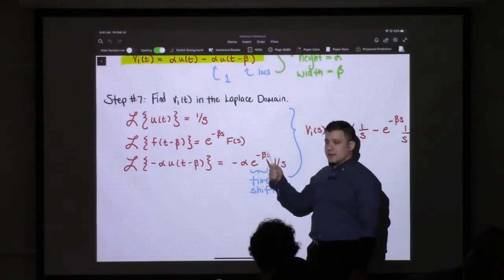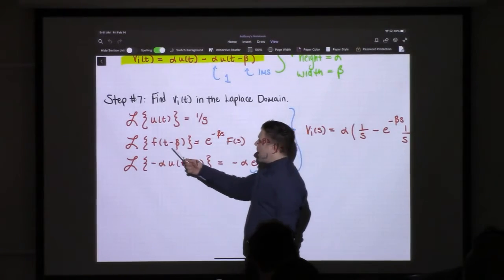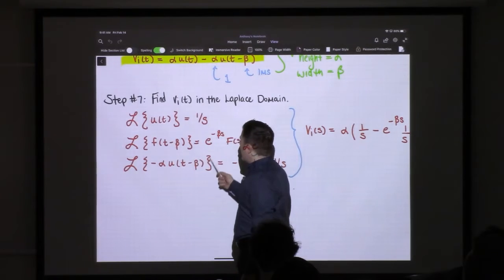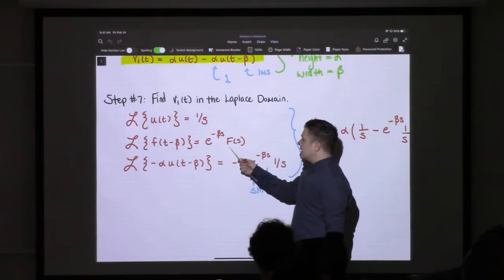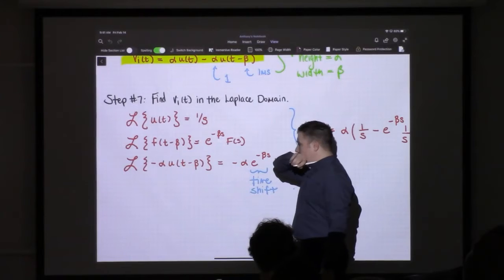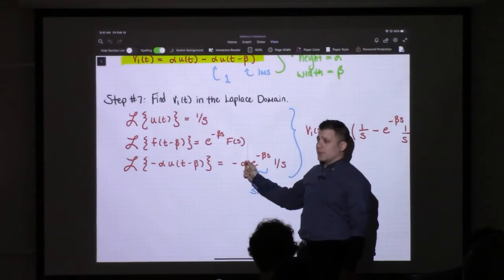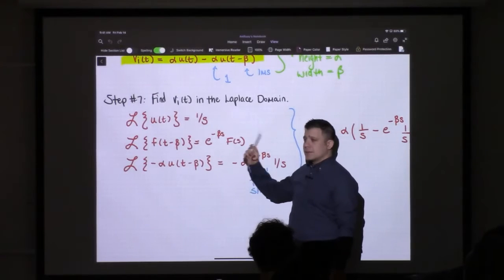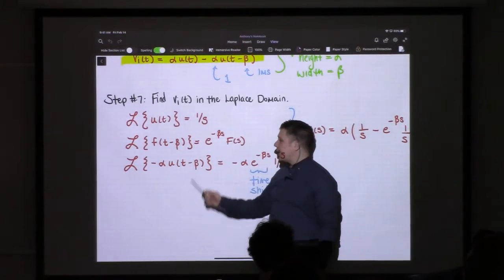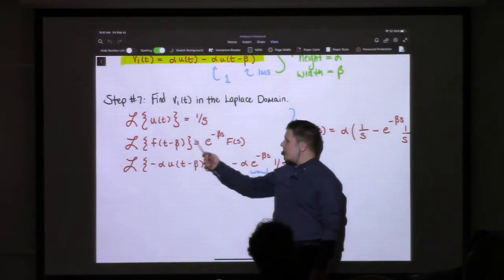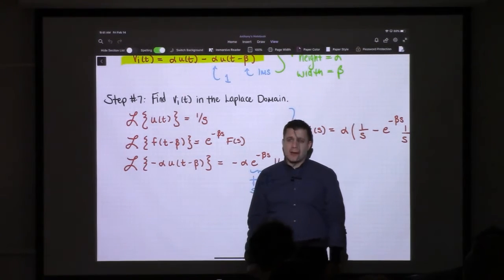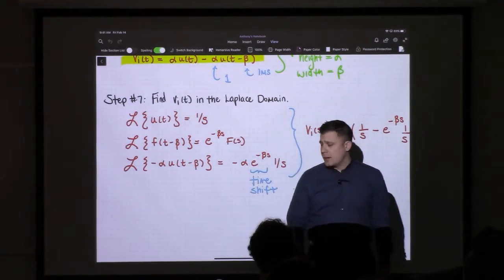I mean, as you can see, it doesn't work like that. f of t minus beta becomes e to the negative beta s F of s. So what happens is the time shift does not become a shift in the Laplace domain. It becomes this coefficient, this multiplier, e to the negative beta s, where the shift is denoted by the beta value.